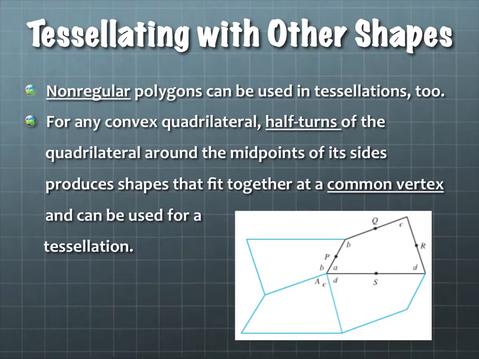You can see the original shape up there outlined in black. And here's the midpoint. If you take a half turn around that midpoint, you're going to be down here in this shape. If you take a half turn around this midpoint on this line over here at point P, you're going to be over here at this shape. And then if you take a half turn around either this point or this point, you'll end up with the third shape in the bottom left-hand corner. And they fill the space, right?